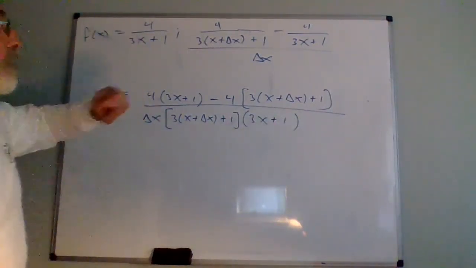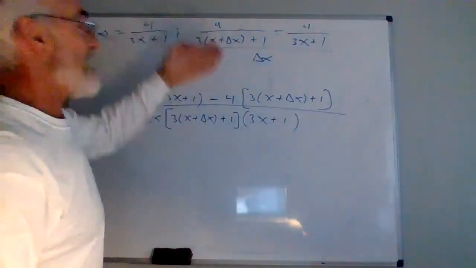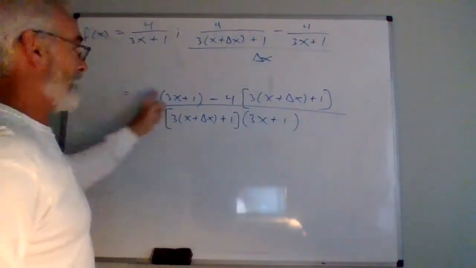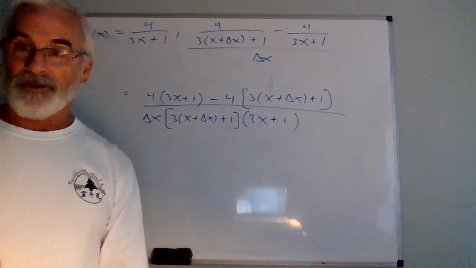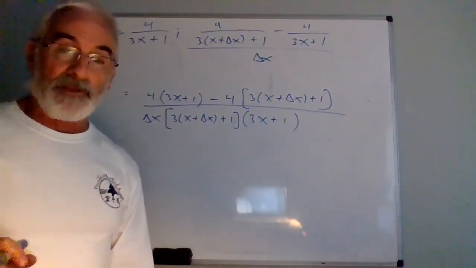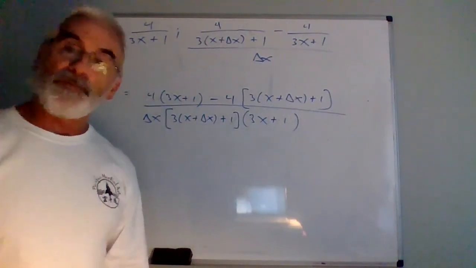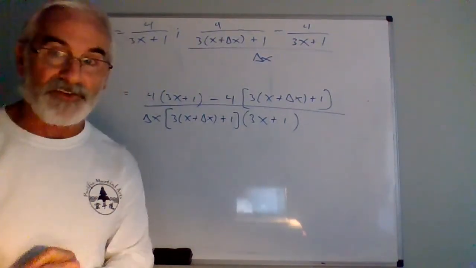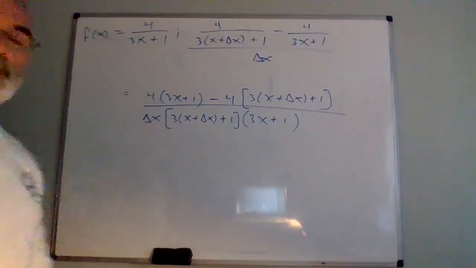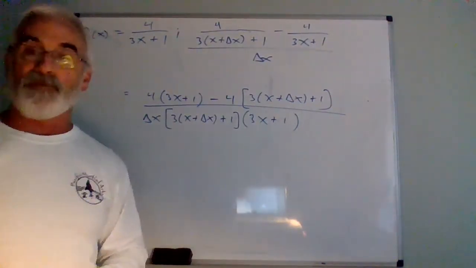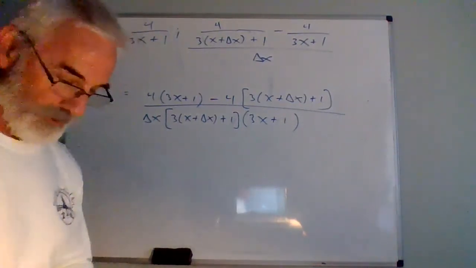If I multiply numerator and denominator by the product of these two denominators, the next step I have this, and you notice I haven't even distributed yet, but I have exactly one quotient. So all that remains for me to do is simplify the numerator. If I simplify the numerator and I did all the process correctly, it should leave me the ability to factor and cancel out the delta x. As I mentioned before, every term that doesn't have a delta x should end up canceling in my numerator.